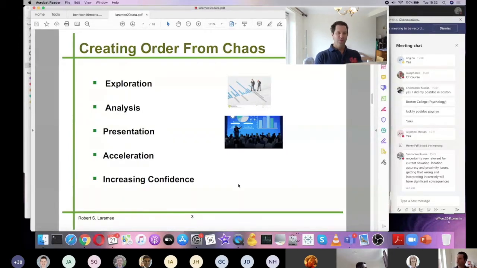So what is data visualization good for? These are 5 interesting aspects of data visualization, 5 advantages, let's say. Data visualization is good for exploration. This is the case when you are looking at a data set maybe for the first time.